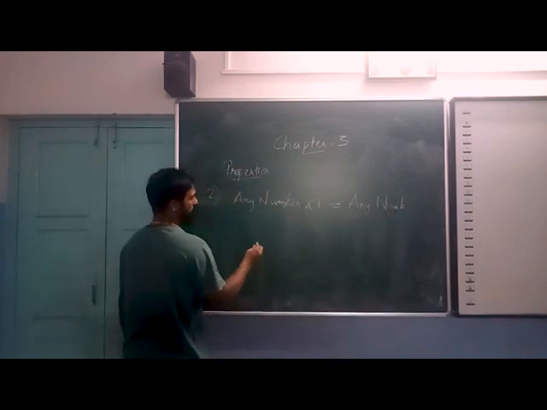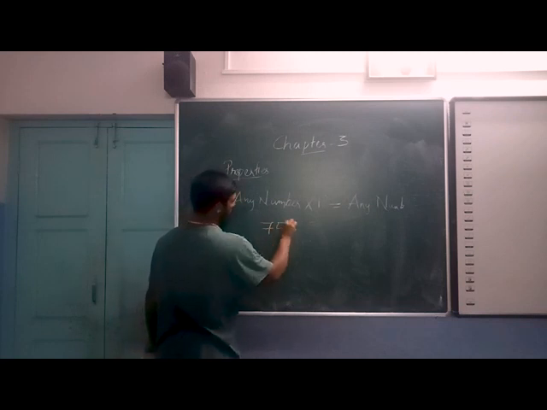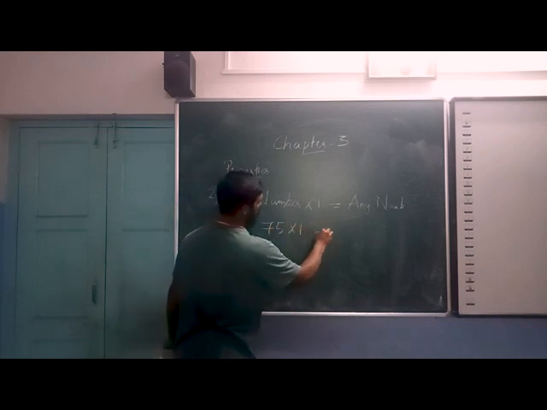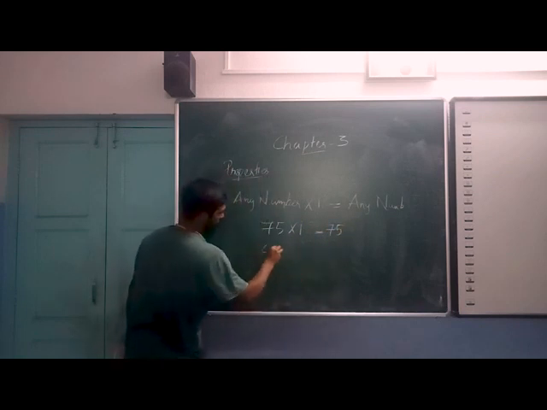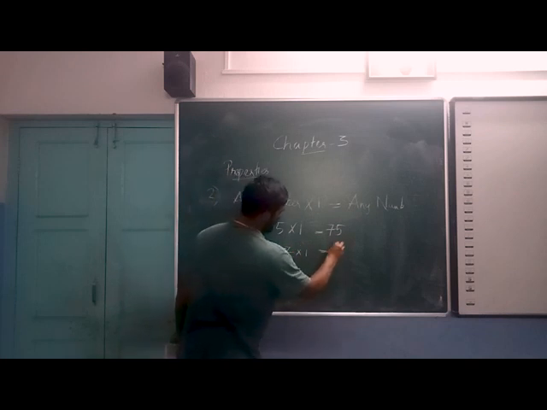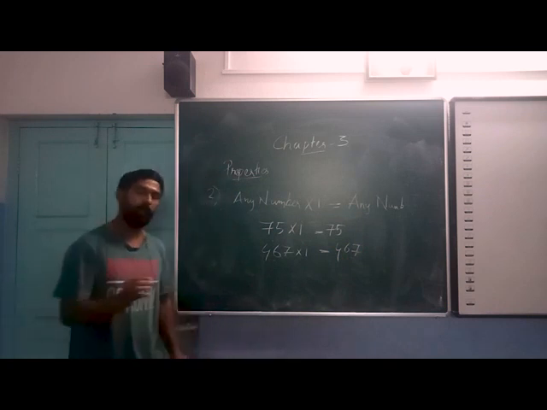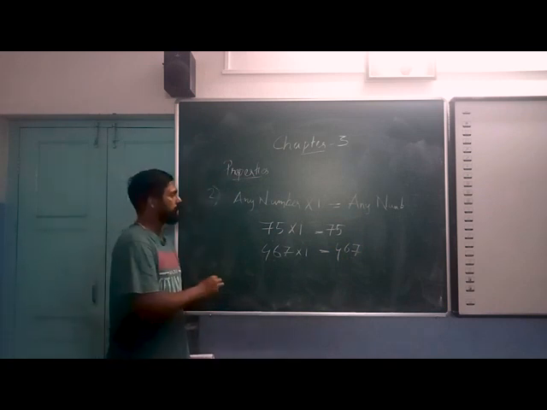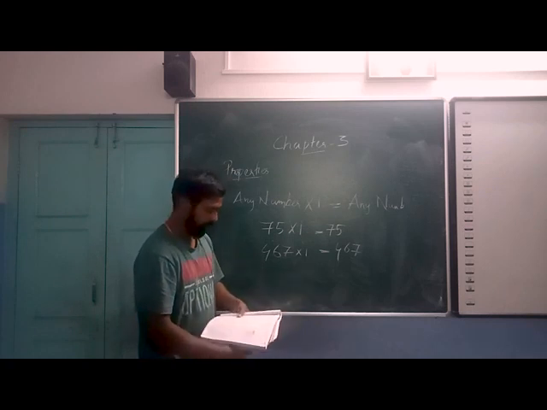So let us take for example, 75 into 1, you will get 75. 467 into 1, your answer will be 467 itself. The same way, if you take any number and multiply it with 1, you will get the same number itself.